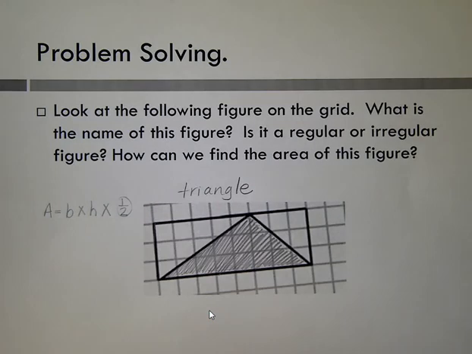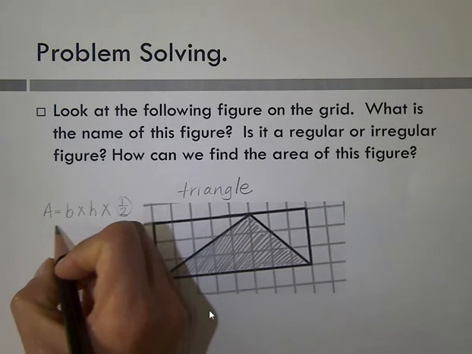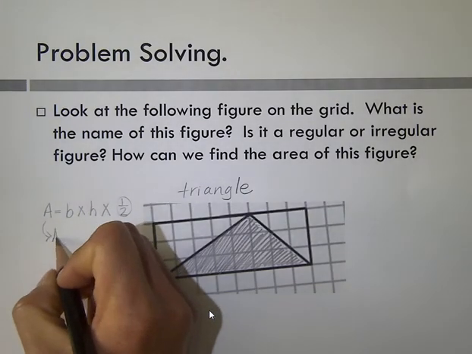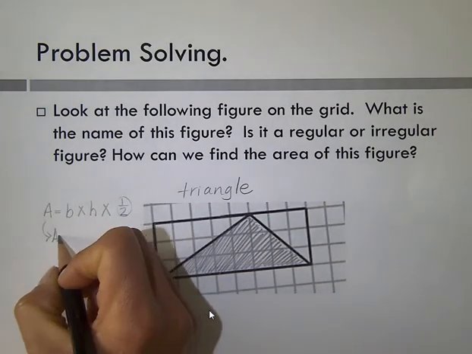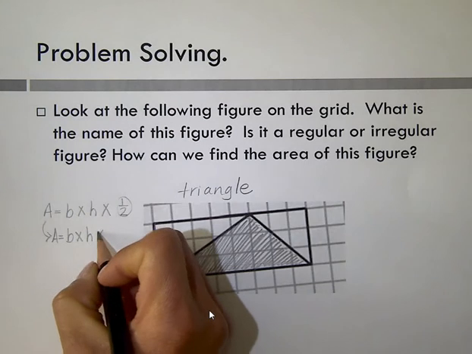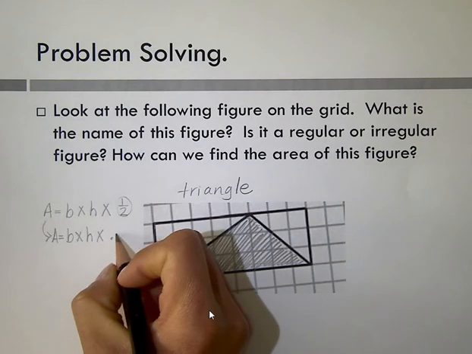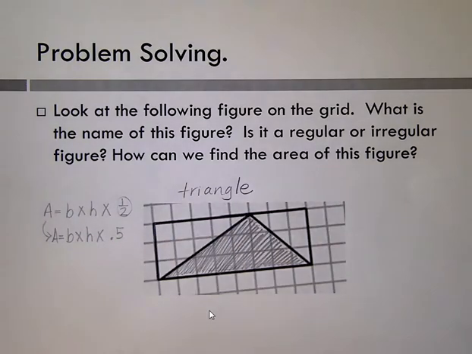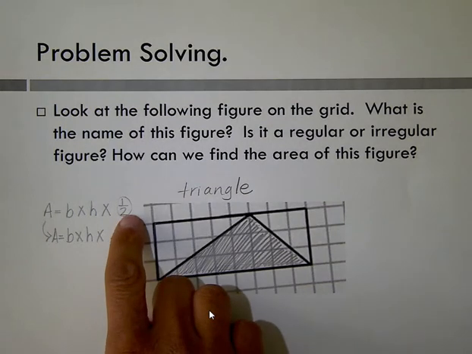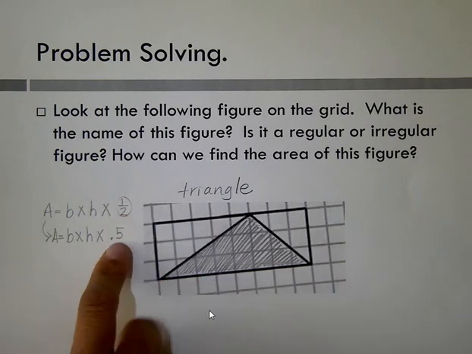And the decimal for a half is 0.5. So we're going to rewrite it down here. So to find the area of a triangle, we will use the formula base times height times 0.5. 0.5 is equal to 1/2. So 1/2 represented as a decimal is 0.5 because we know how to multiply using decimals.